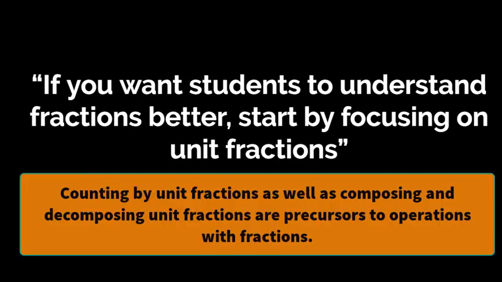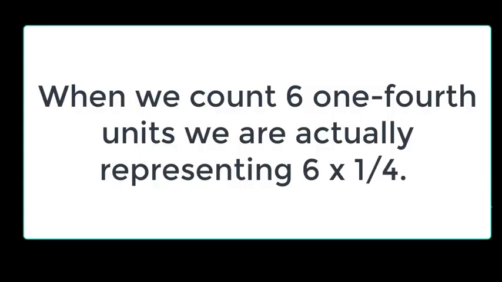Counting by fractions and composing and decomposing fractions are precursors to addition and subtraction. For example, composing 6 1/4 units is the same as adding 6 1/4 units together to make 1 1/2. When we count this way, students are able to see the quantity 1/4 units 6 times. We can actually see what 6/4 looks like, thus supporting multiplication, 6 groups of 1/4.